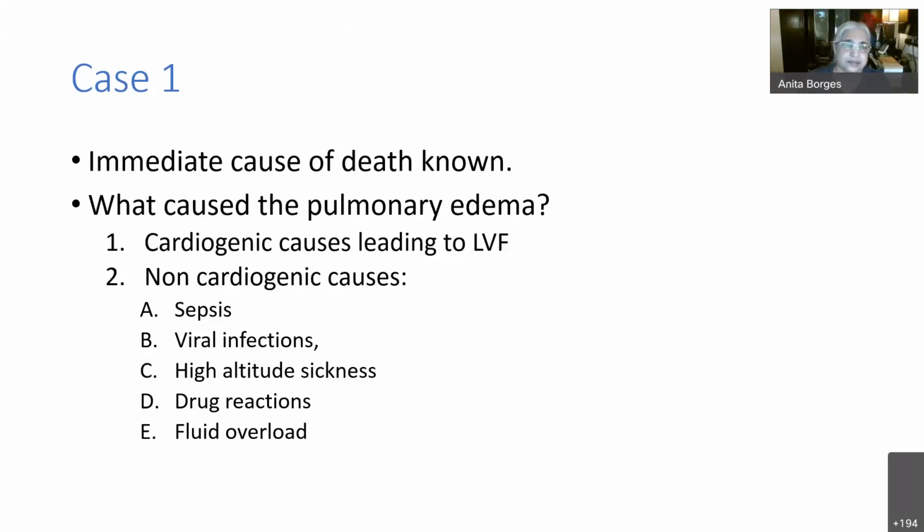I think it was unlikely to be sepsis. It could very well have been cardiogenic because the man's a smoker, so his heart may not have been very good, nor his lungs. Viral infections, now that's a bit funny for somebody who's just had an operation. High altitude sickness?